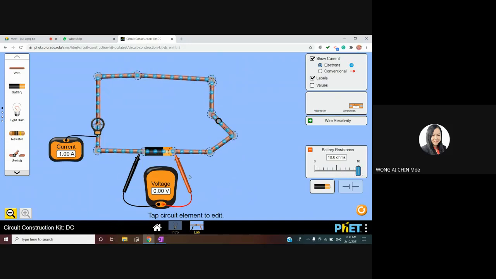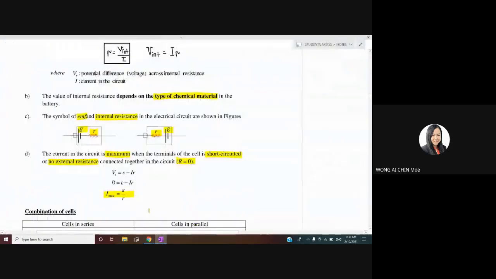Our current at that moment is the maximum, equal to 1 ampere. So why does our V terminal equal 0? Because the current flowing through the battery is already dissipated inside the battery. So when it comes out, there is no potential difference across the terminal for the external part. So this is what it means.